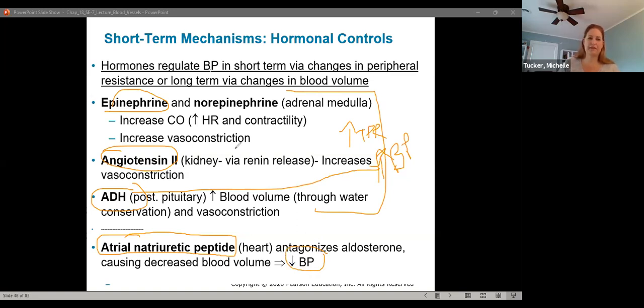So we have 3 that increase blood pressure. We have 1 produced by the heart to protect itself, and it will decrease blood pressure. So for these, you just need to know if they increase blood pressure or decrease blood pressure.